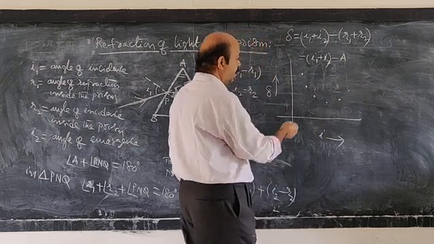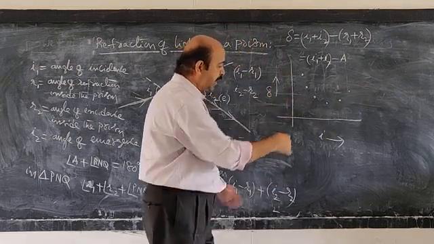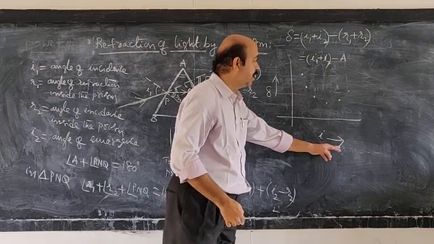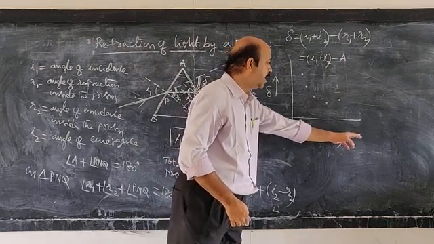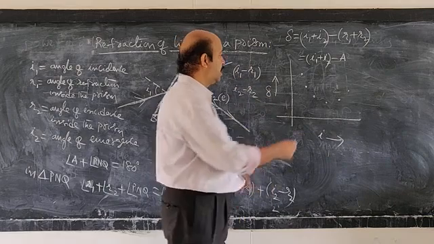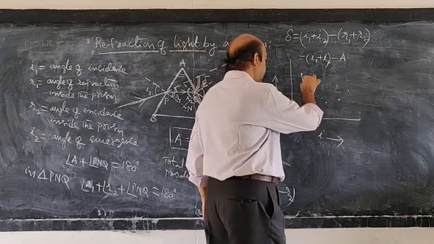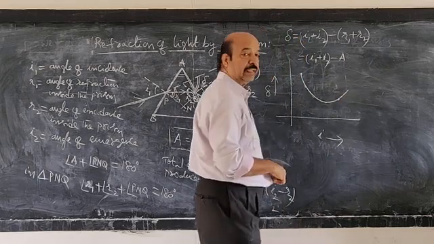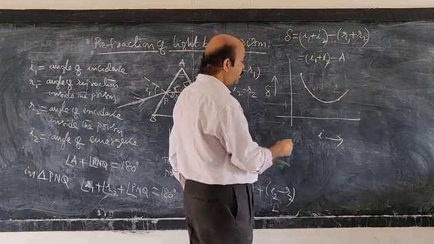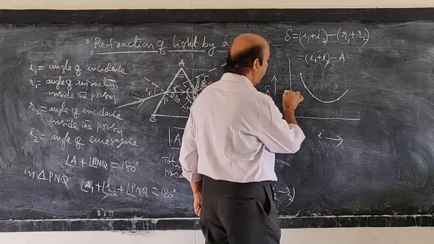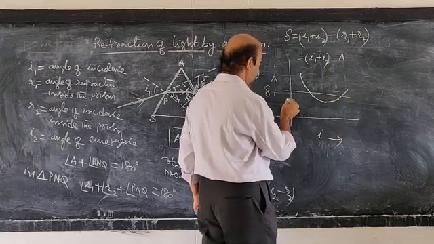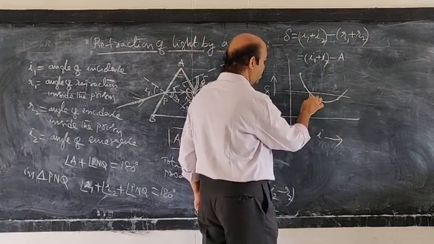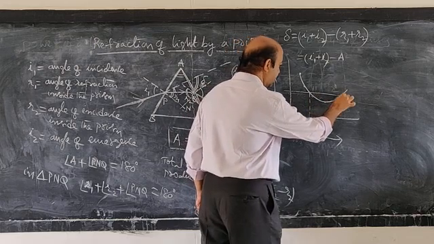So that means first the deviation decreases with angle of incidence, and later with increasing angle of incidence, deviation increases. So you may be getting a curve like this. Now, if you observe for any angle of deviation like this, you have two angles of incidence.